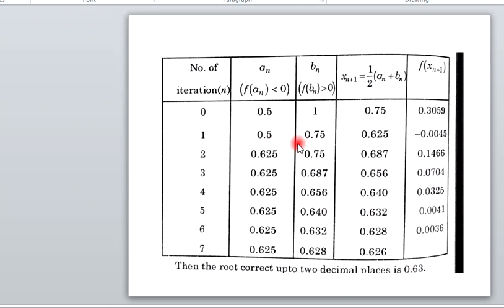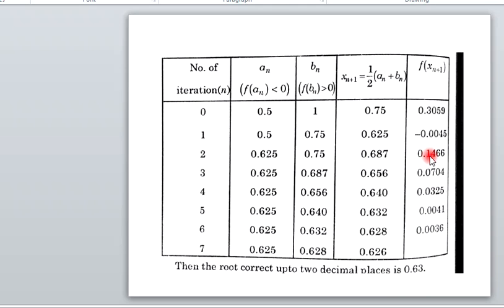So now this is my new interval. Again find the new root. Again the functional value is negative. If it is negative, that means the new root should go in the negative column. That is, this can be taken as a0, and b0 will be fixed. Again take the formula (a0 plus b0) by 2, and we are getting 0.687.